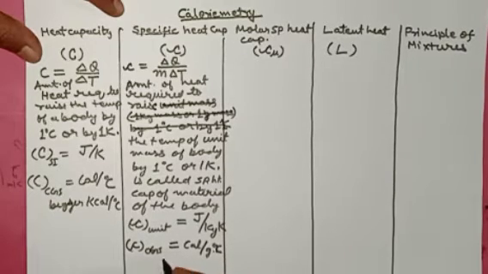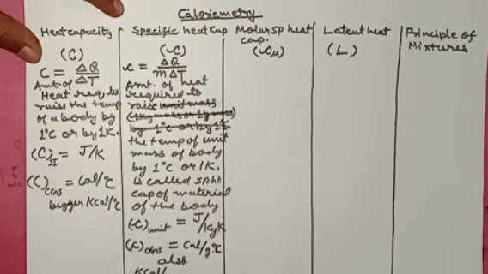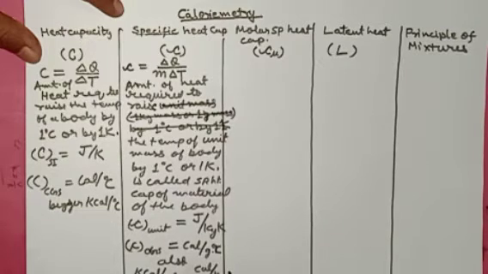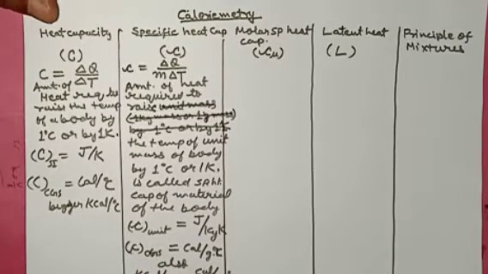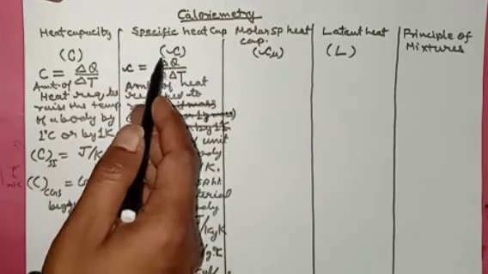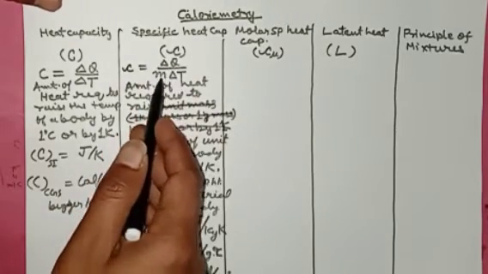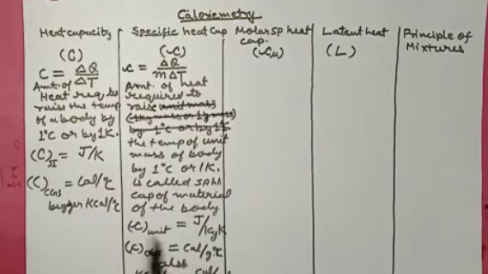In fact, in some books they consider kilocalorie and per gram, sometimes calorie per kg. So there are several combinations like these. I'm not including all those combinations here. These can be replaced by Kelvin also. You can understand that it is made up of heat energy, that is by joule, mass, that is by kg, delta T, that is by Kelvin.